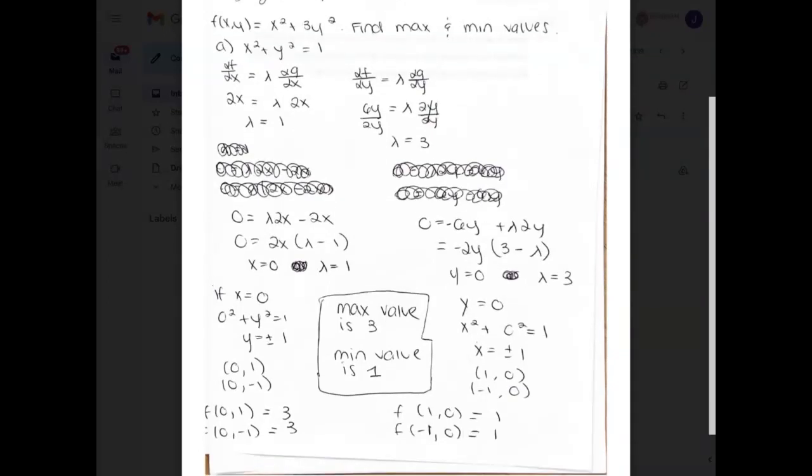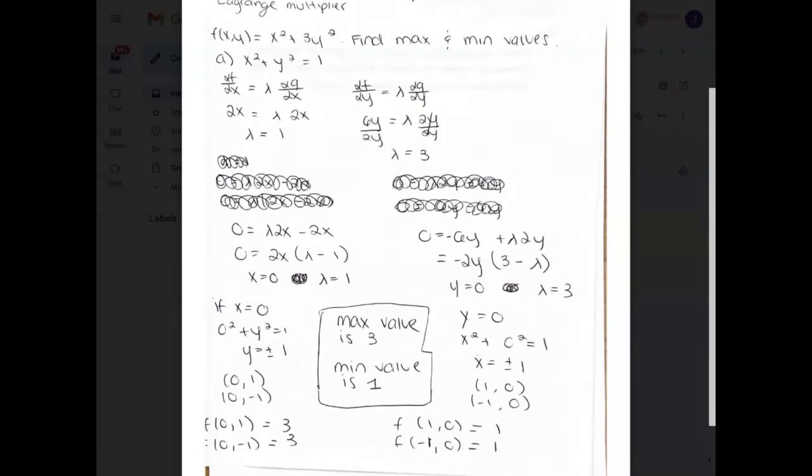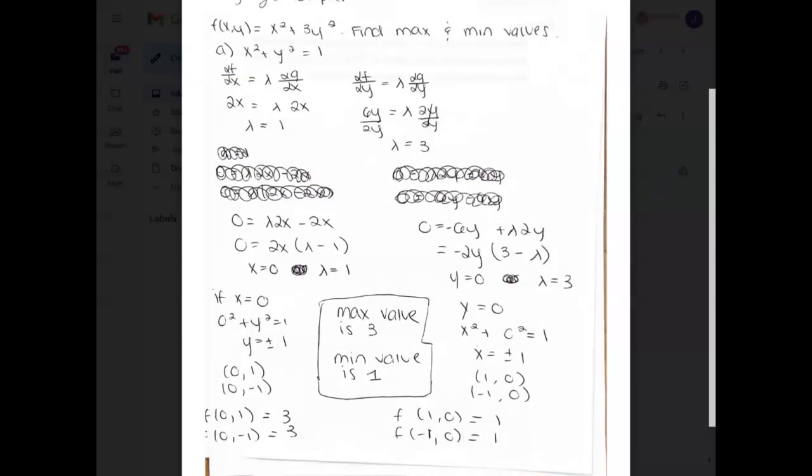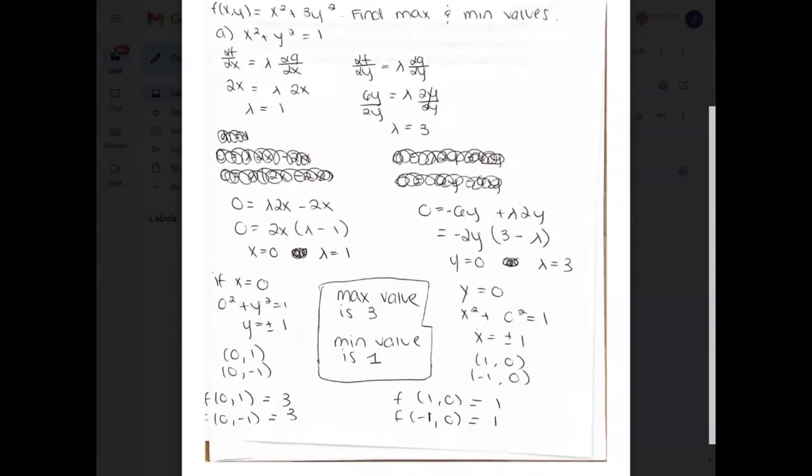So you should erase this part, under little letter A, lambda equals 1, lambda equals 3. That's not right. Yeah, I said ignore that part. I realized that was wrong, but I can't erase it. Okay. Yeah. I see, I got it.